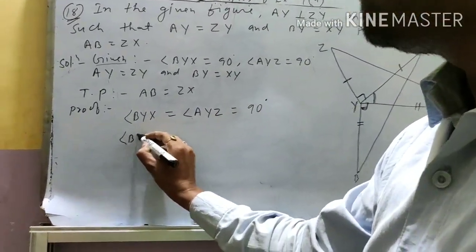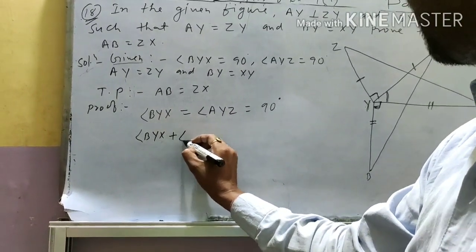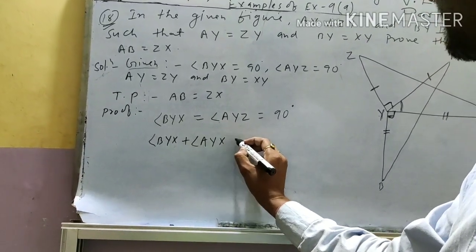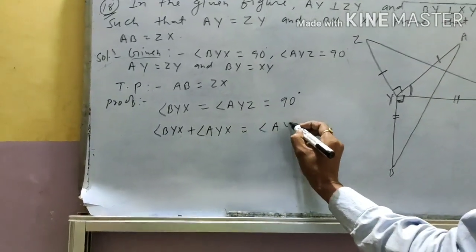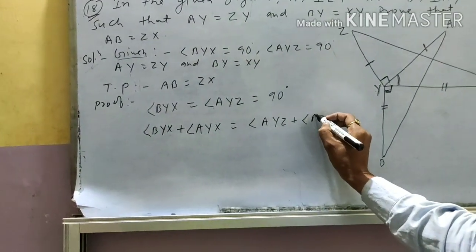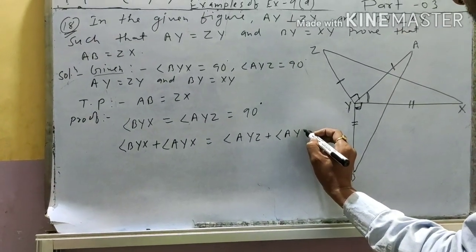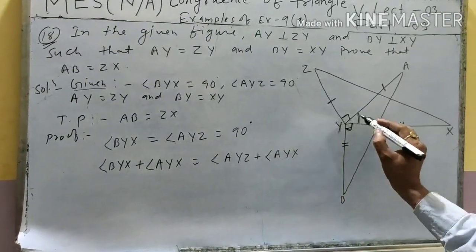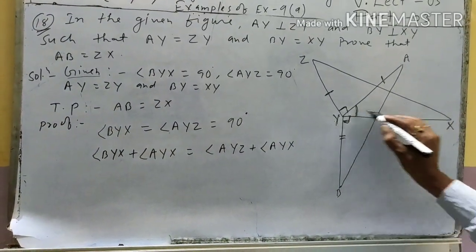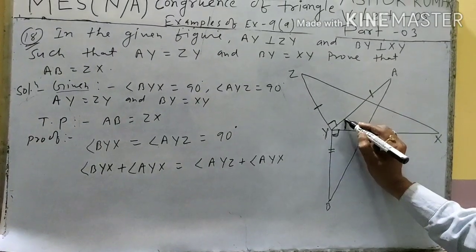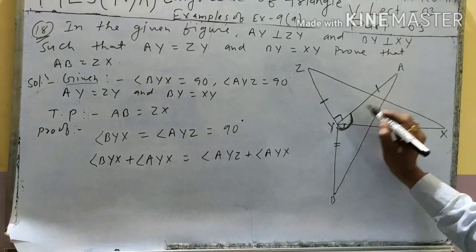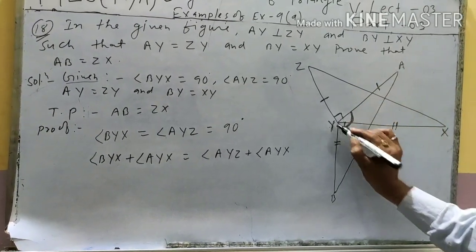So here angle BYX plus angle AYX is equal to angle AYZ plus angle AYX. BYX plus this angle, so completely this angle means AYB.